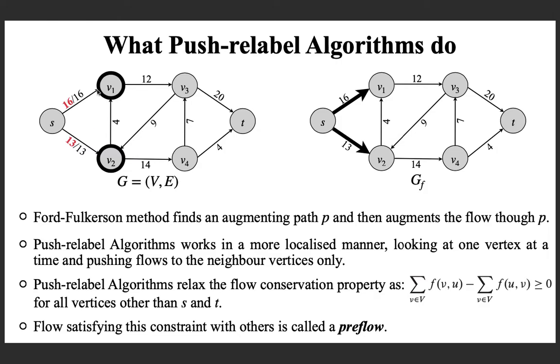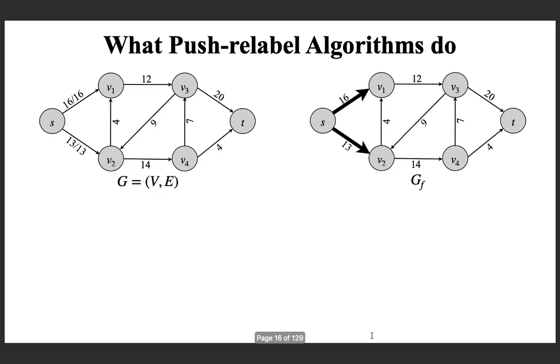Note that now V1 and V2 are not satisfying the original flow conservation property, that whatever quantity reaches here, say 13, must leave it. That is relaxed, and the new flow is what is called a pre-flow, because any flow must satisfy the flow conservation property, which is relaxed, and the relaxed flow is what is called pre-flow.